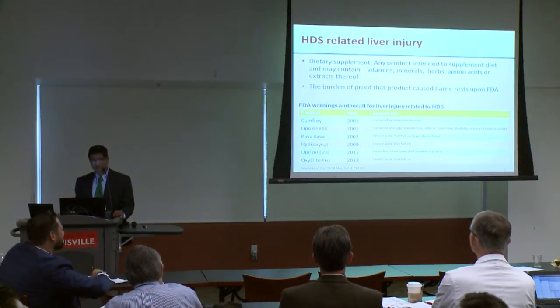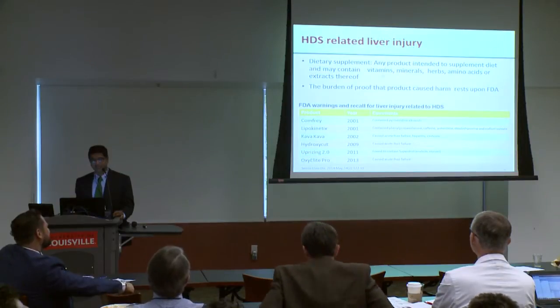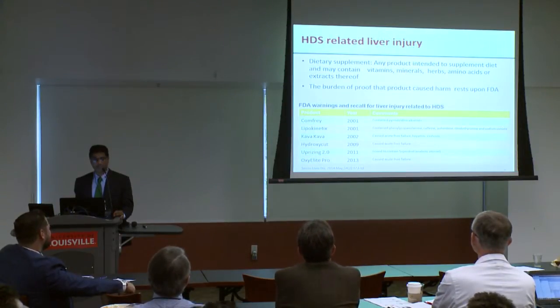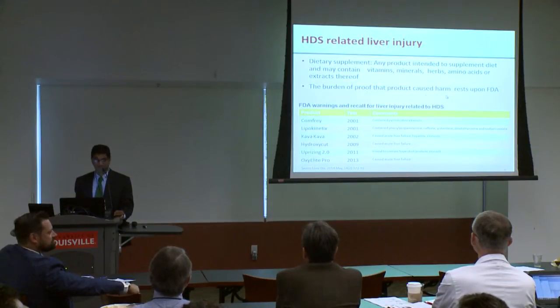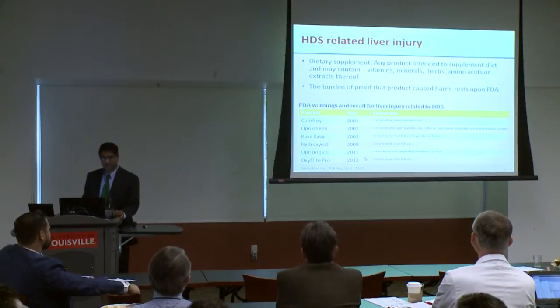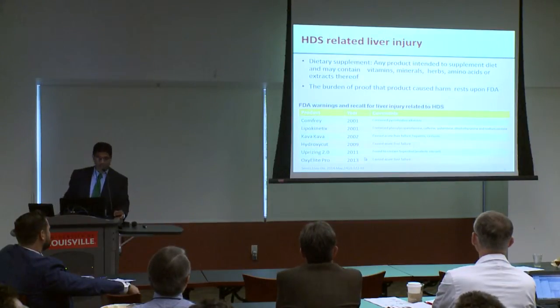So dietary supplement, any product intended to supplement diet may contain vitamins, minerals, herbs, amino acids, or extracts thereof. They don't have to get FDA approval, as everybody knows, but the burden of proof that the product caused harm rests upon FDA. And these are some of the FDA warnings that led to recall.